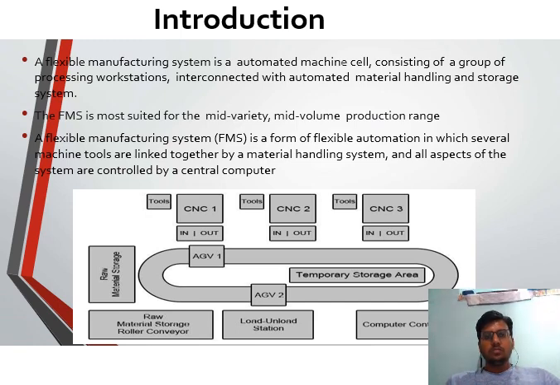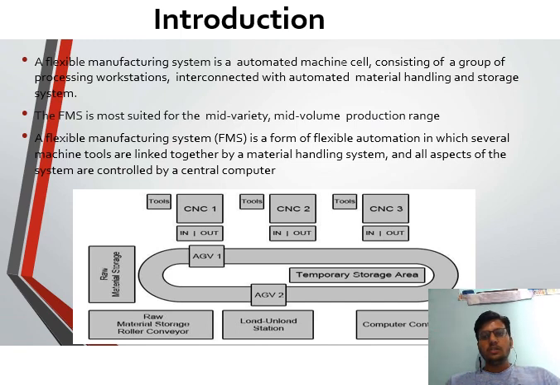The raw material moves across different machine cells, like CNC1, CNC2, CNC3, three major workstations where the raw material is fed and processed on the machines by different tools. So we have three different machine tools, and the product is processed in these machine cells.